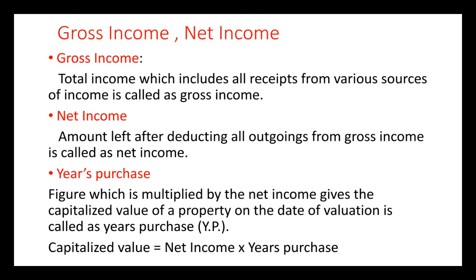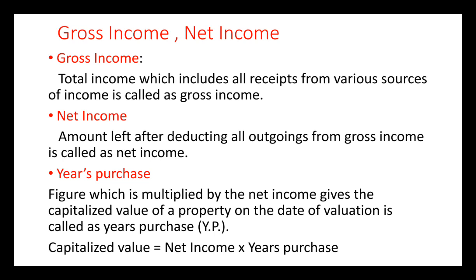So gross income, what is gross income? The total income which includes all receipts from the various sources of income is called gross income. Net income is nothing but the amount left after deducting all the outgoings from gross income.